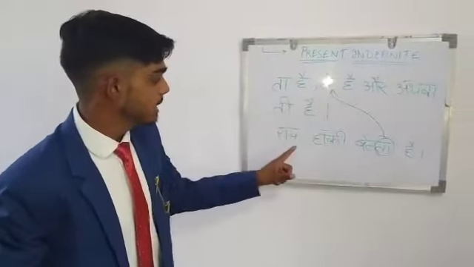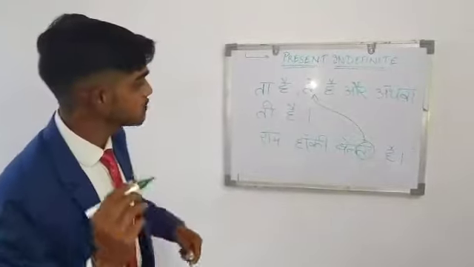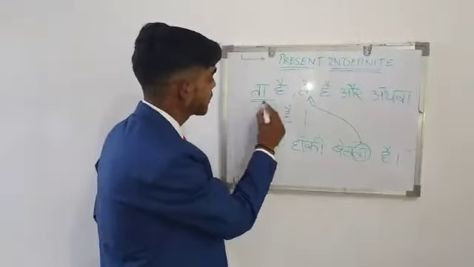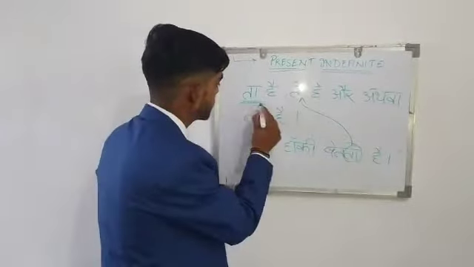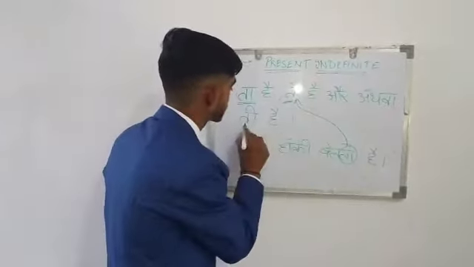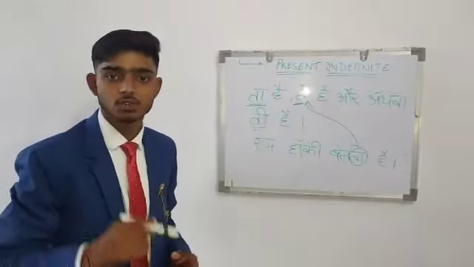So this is the basic rule to identify whether the tense belongs to present indefinite or not: there will be ta hai, te hai or athwa ti at the end of the sentence. So this is the identification of present indefinite tense.